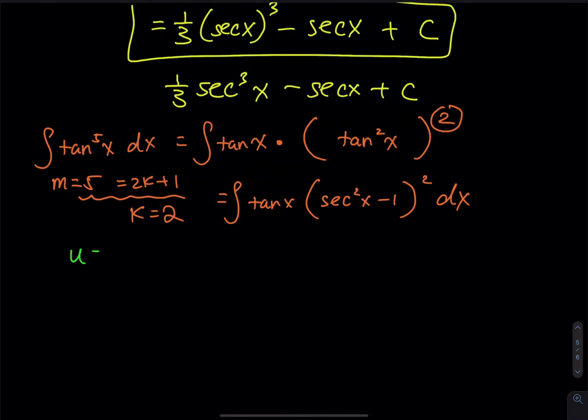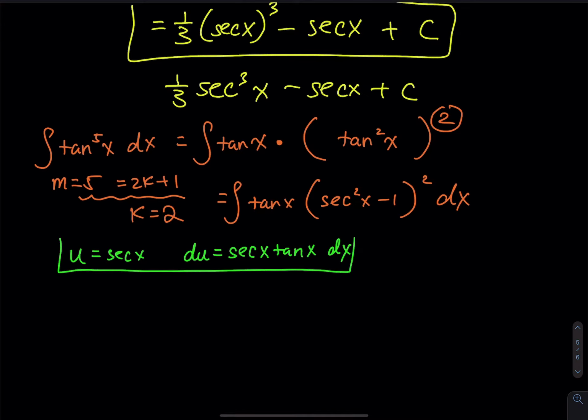If you let u equal secant x according to the cookbook recipe, and then you do du equals secant x times tangent x dx, this is not going to work, because outside of the parenthesis, there is no secant for you to do the cancellation. You can try, but this is not going to work. So this is not working.